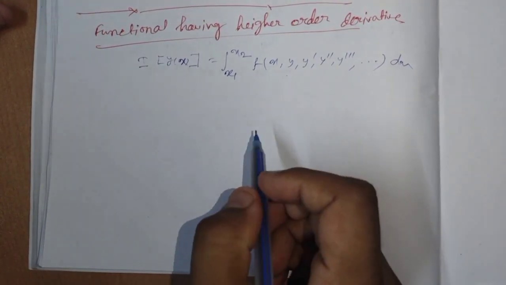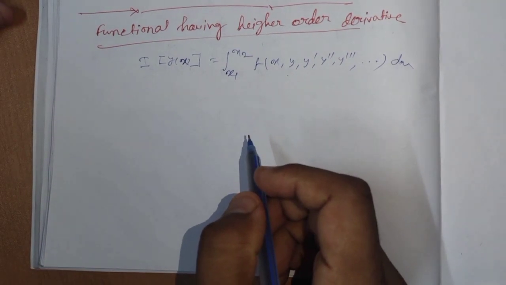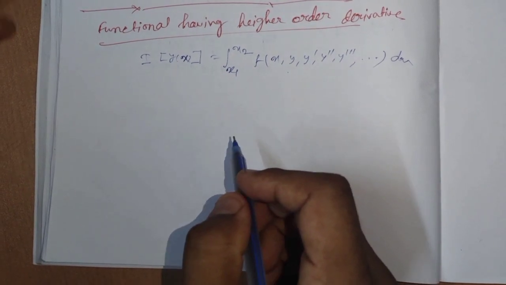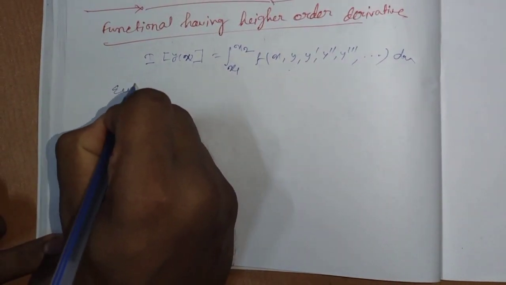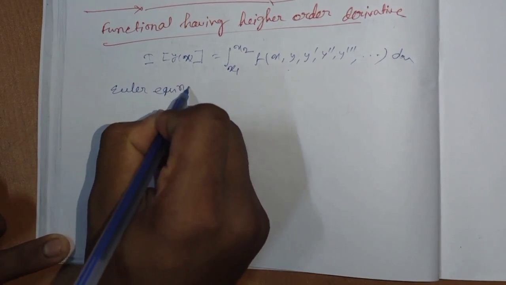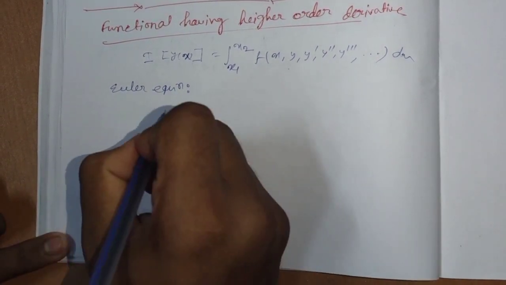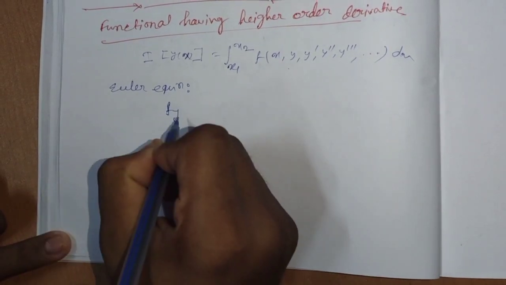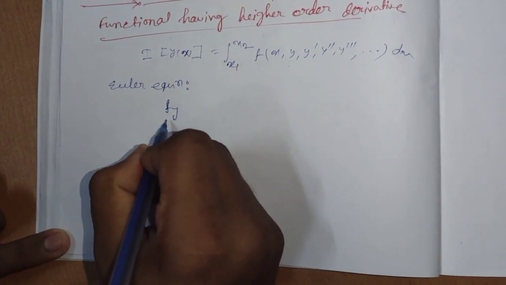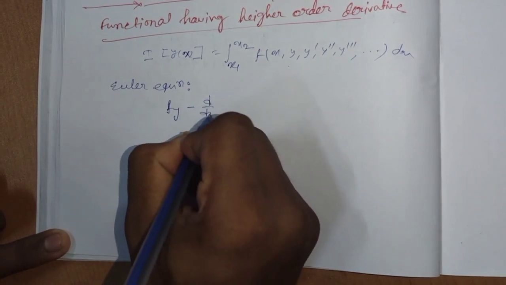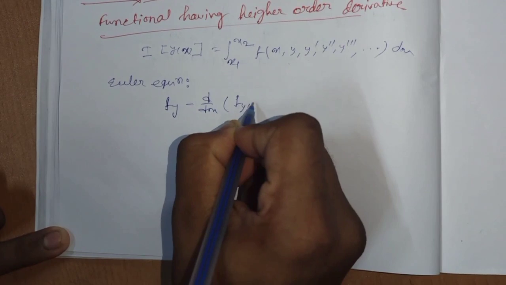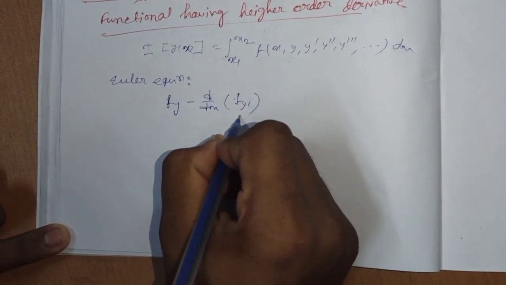Okay, how to solve this type of problem? We have to use Euler equation, but we have to modify our Euler equation. For this case, Euler equation will be del f by del y, minus d/dx of del f by del y dash.